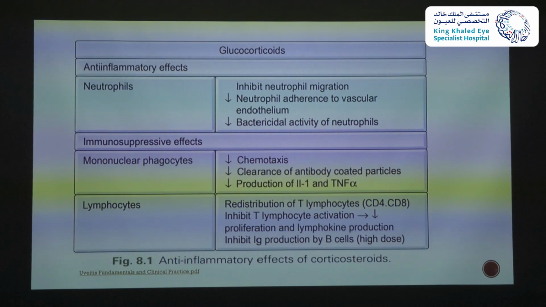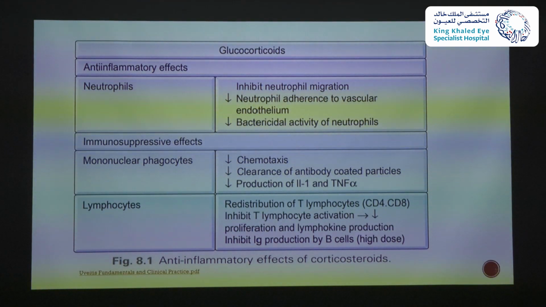The anti-inflammatory effect is mainly through action on neutrophils. It will inhibit neutrophil migration and adhesion to vascular endothelium, and also inhibit the inflammatory cascade. While the immunosuppressive effect is mainly through action on the mononuclear phagocytes and on lymphocytes.